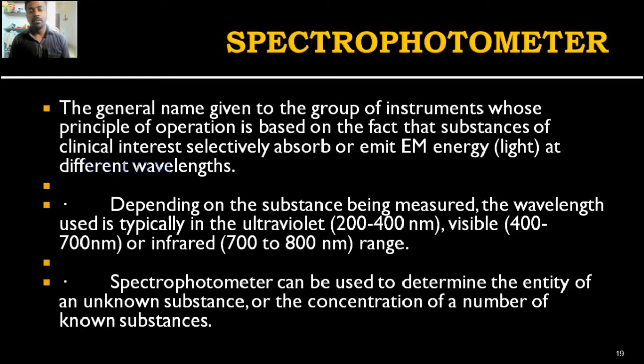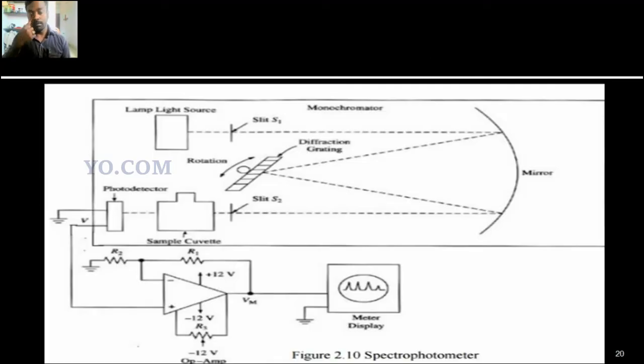Depending on the substance being measured, the wavelength used is typically in the ultraviolet 200 to 400 nanometer, visible light 400 to 700 nanometer, and infrared 700 to 800 nanometer range. The spectrophotometer can be used to determine the identity of an unknown substance or the concentration of a number of known substances. See the setup here.